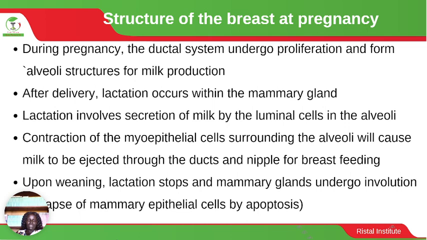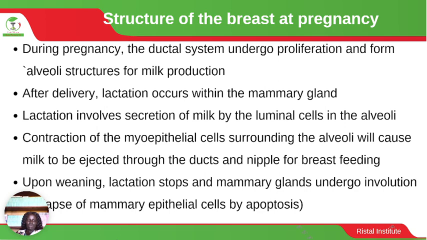Structure of the breast at pregnancy. During pregnancy, the ductal system undergoes proliferation and forms alveoli structures for milk production. After delivery, lactation occurs within the mammary gland. Lactation involves secretion of milk by the luminal cells in the alveoli.